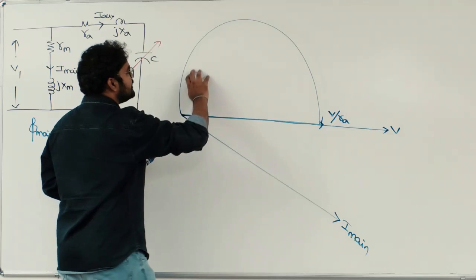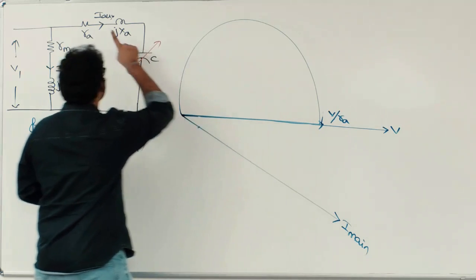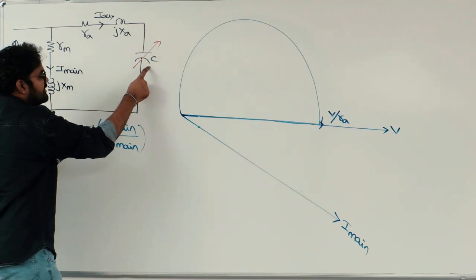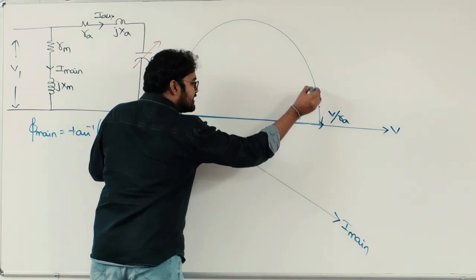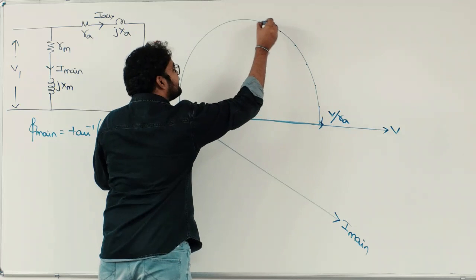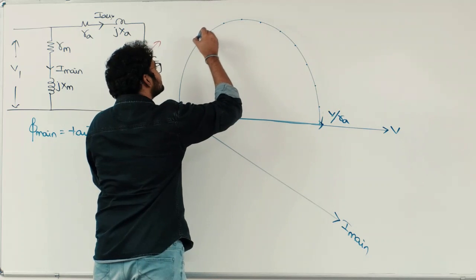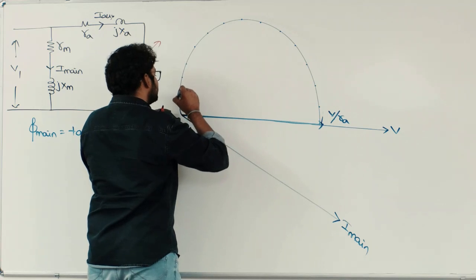So this is going to be the locus diagram of which current? Auxiliary current by varying capacitor value. You see, every tip point of this circle is nothing but a different current vector when the capacitor value is changing.